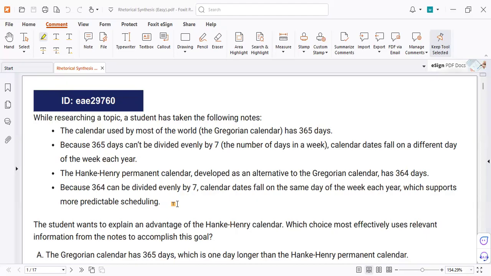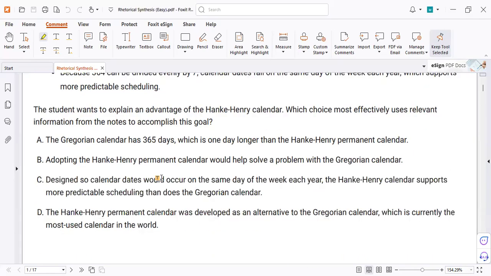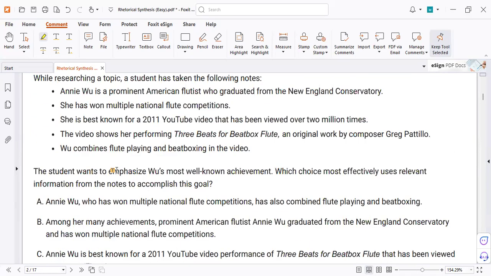Yeah, let's correct it from the beginning very quickly. Number one, I think it's okay. I did it. Yeah, letter C, correct. Okay. Number two.